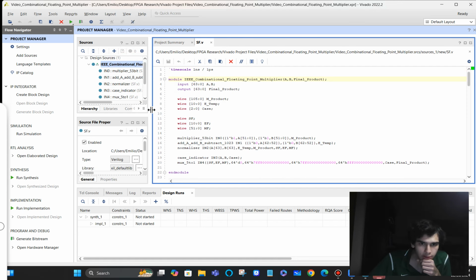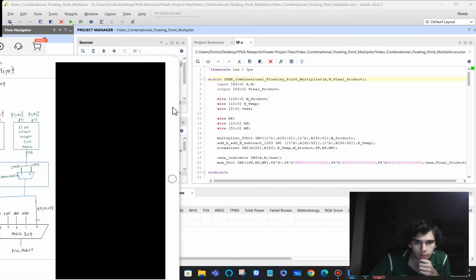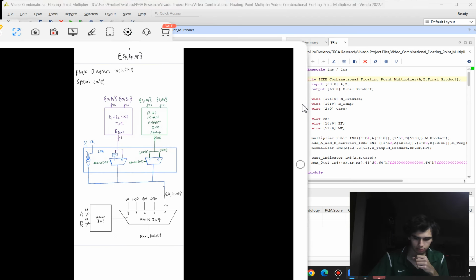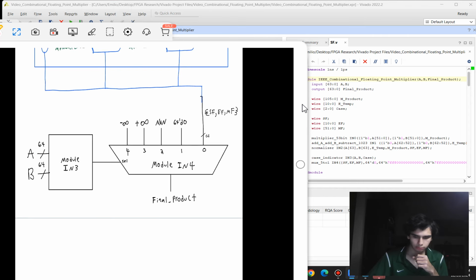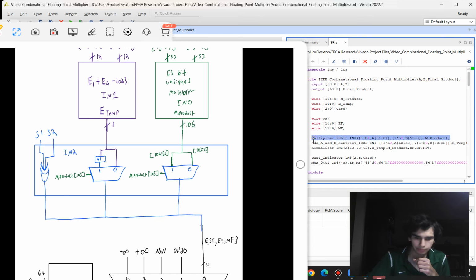So this right here is the Verilog code for it all. So this right here is this. This module is this. This module is this.